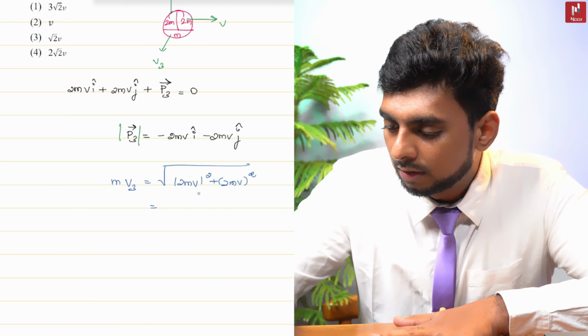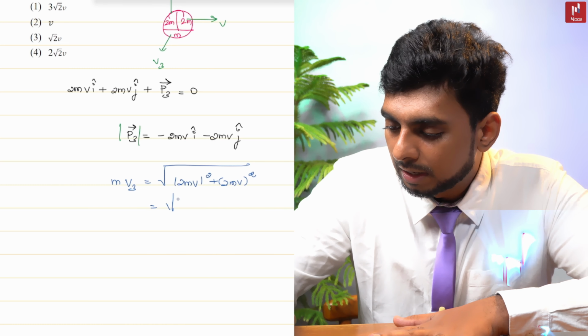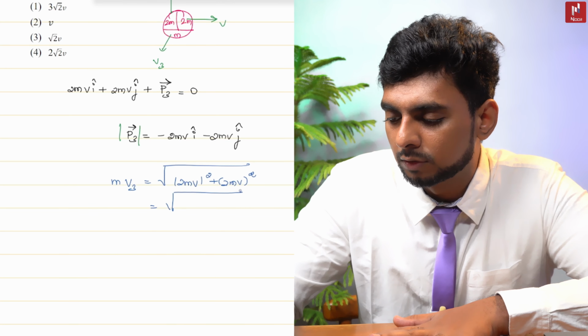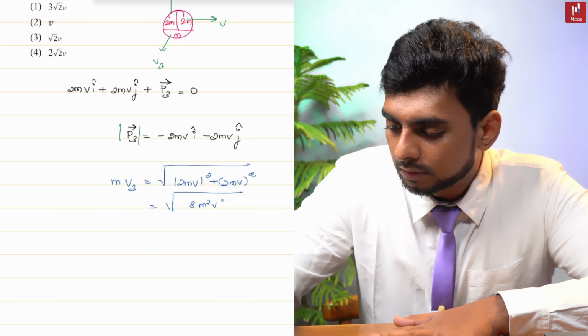Adding those two, 4m square v square plus 4m square v square gives 8m square v square.